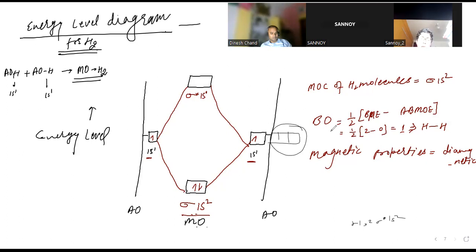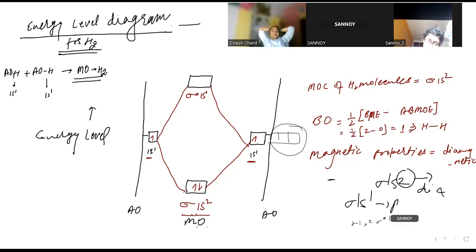Half into number of bonding electrons minus number of anti-bonding electrons. Magnetic properties: here we have sigma 1s2, since it is fully filled, it will be diamagnetic. If we had sigma 1s1, then it would be paramagnetic.